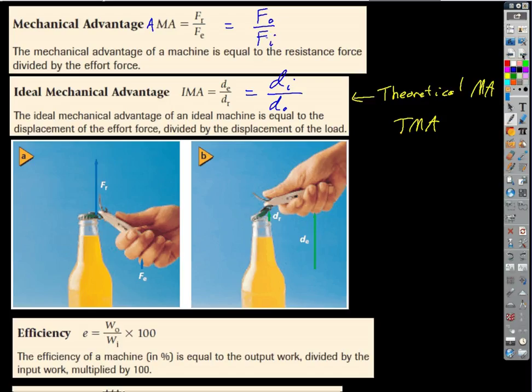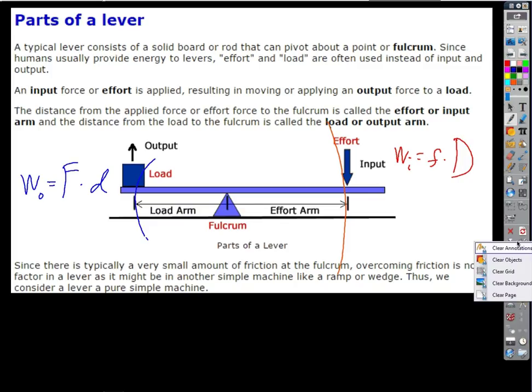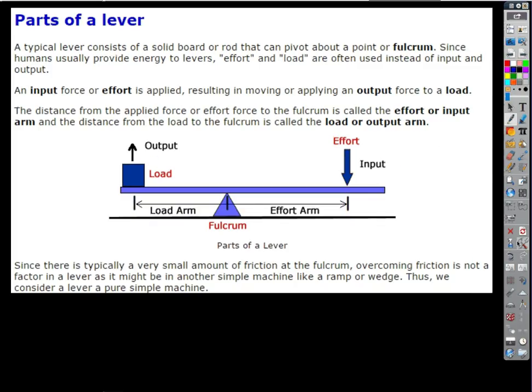We could have, for this last example, instead of measuring output forces, just by knowing that the input arm or the effort arm, which is the distance from the fulcrum to the input force, is twice as big as the output arm or the load arm, should predict for us that we're going to get a mechanical advantage of what?